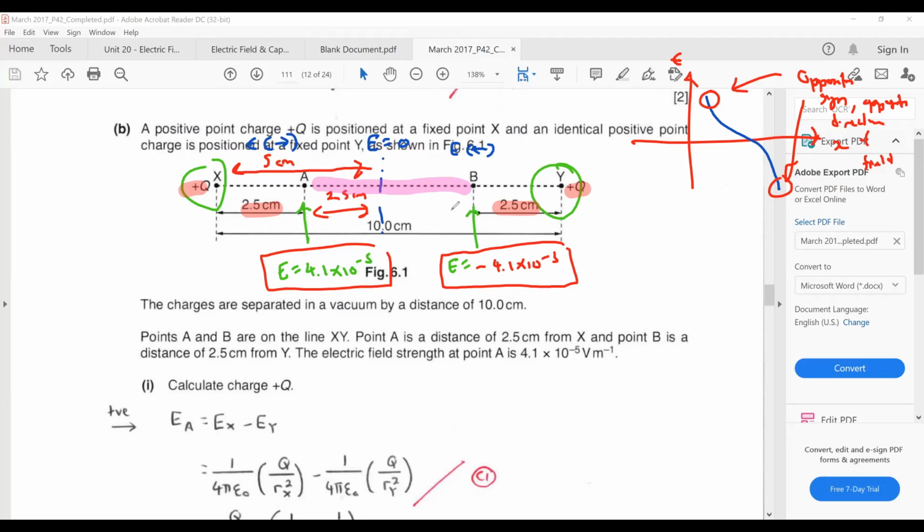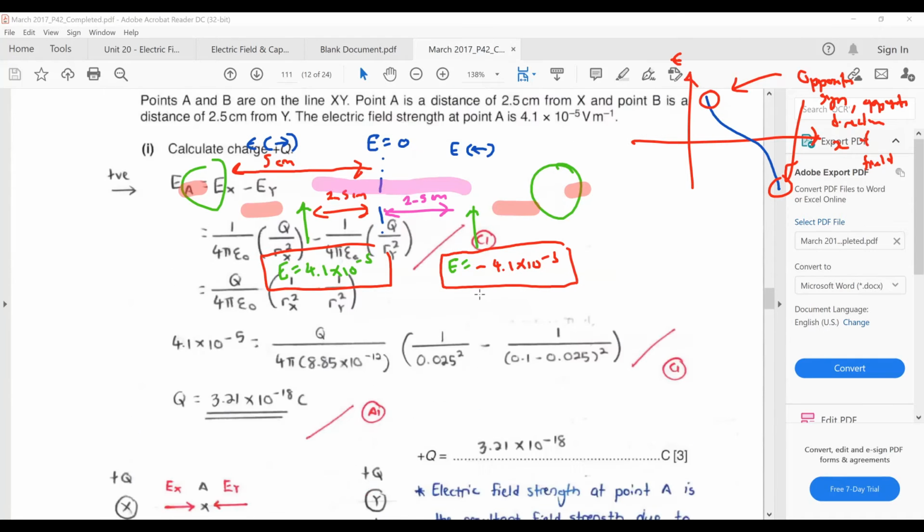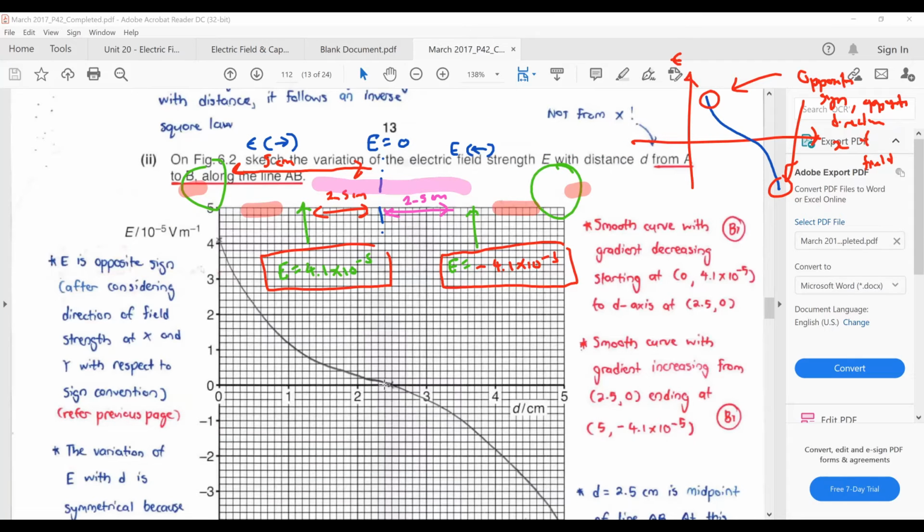So this one here is another 2.5 centimeter, right? At A it is 4.1 times 10 power minus 5, it will become 0 right at the center, at 2.5 centimeter from A. And then as I keep on going further, eventually at B, I'll get back the same magnitude, but opposite direction of the field strength. So your graph will now look like this. The 0 here is you measuring from A. It will be 4.1 times 10 power minus 5.